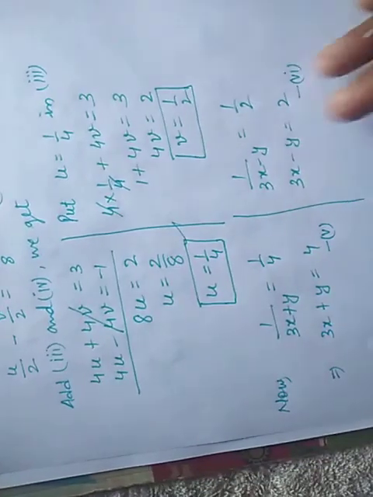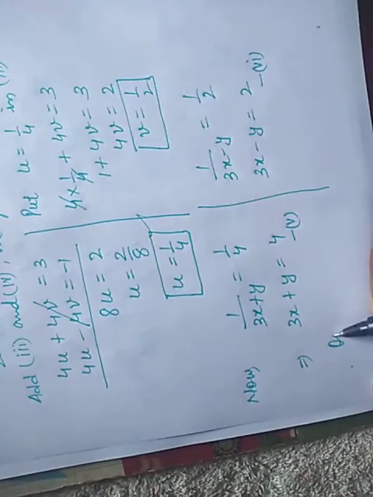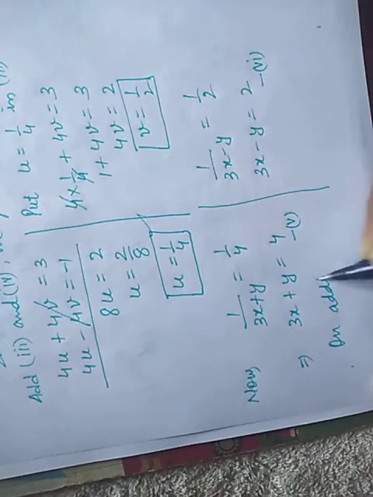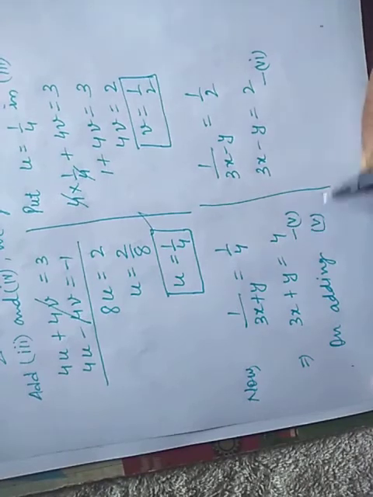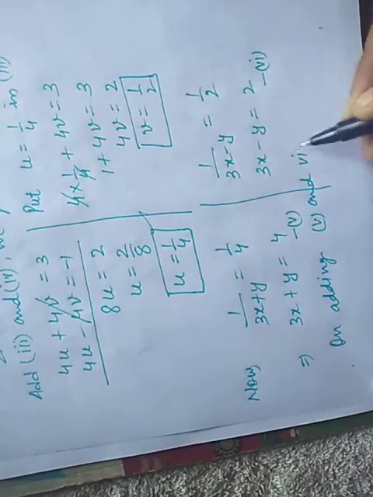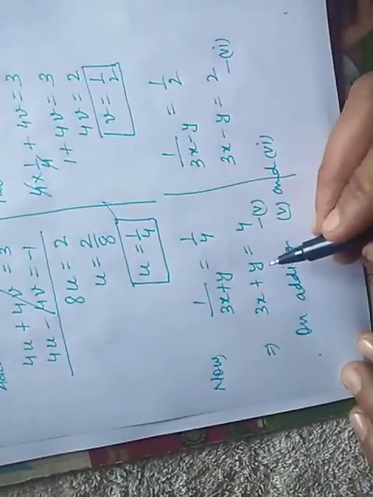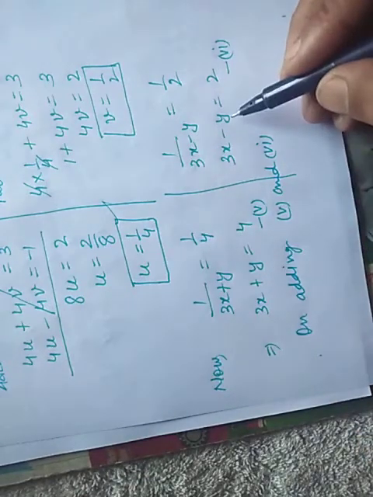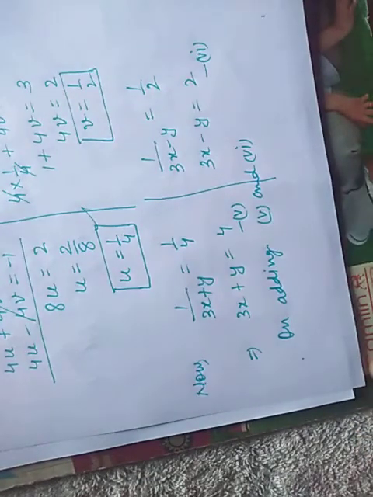We can solve them easily on adding 5th and 6th, because here plus y and minus y have the same numerical coefficient 1 and opposite sign, so we can add them.